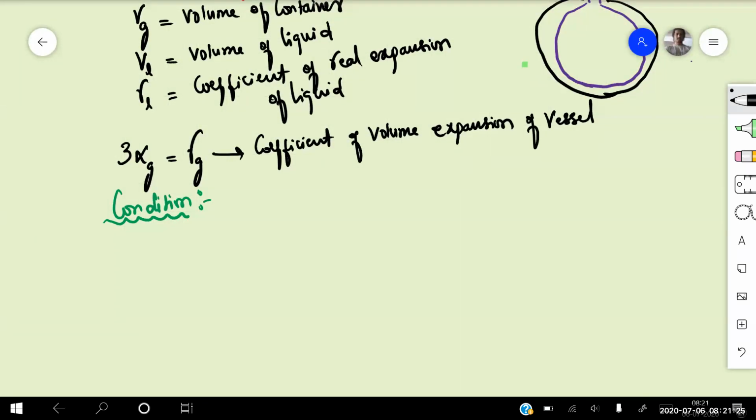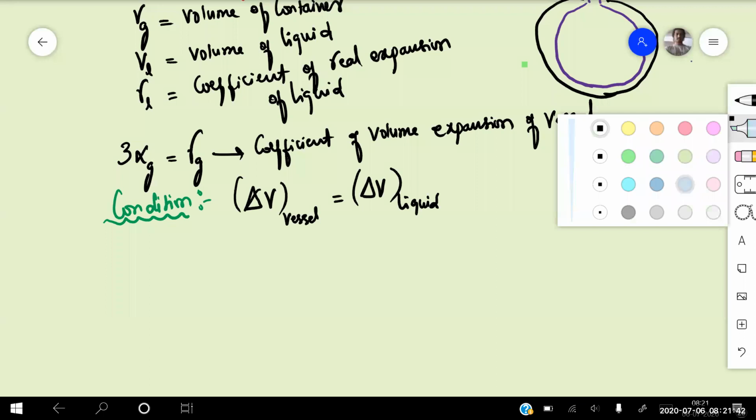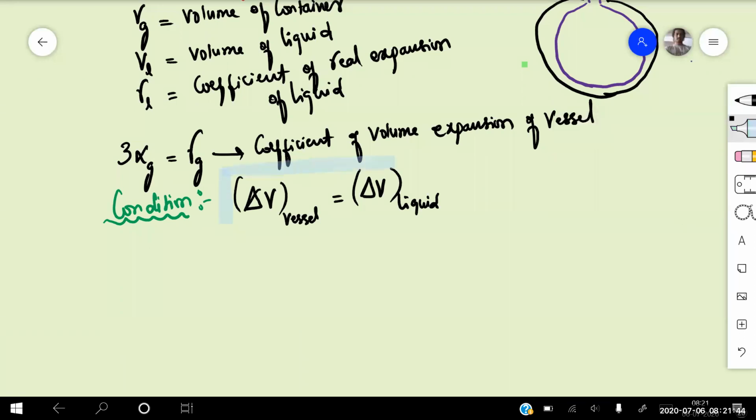Condition for this one is, if I'm writing the condition, change in volume of your vessel must be equal to change in volume of your liquid. I hope you're clear with this one. So this is a very important point to be remembered. What is the given condition?